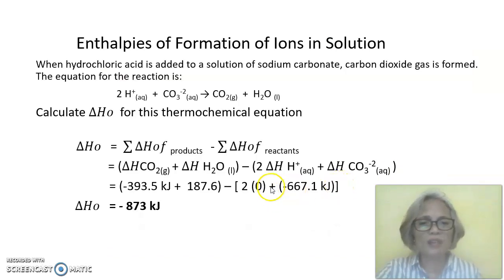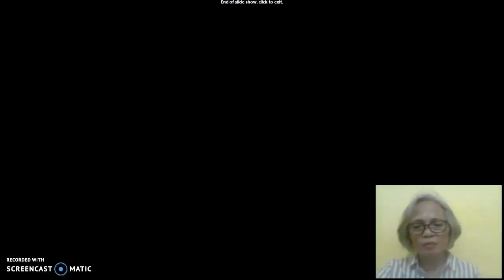So just affix and do a little algebra, and you have a final answer of negative 873 kilojoules. The reaction is exothermic. If you touch the reaction vessel, you will notice that it is hot. That's the end of the presentation. I'll give you some items to solve on your own as practice.